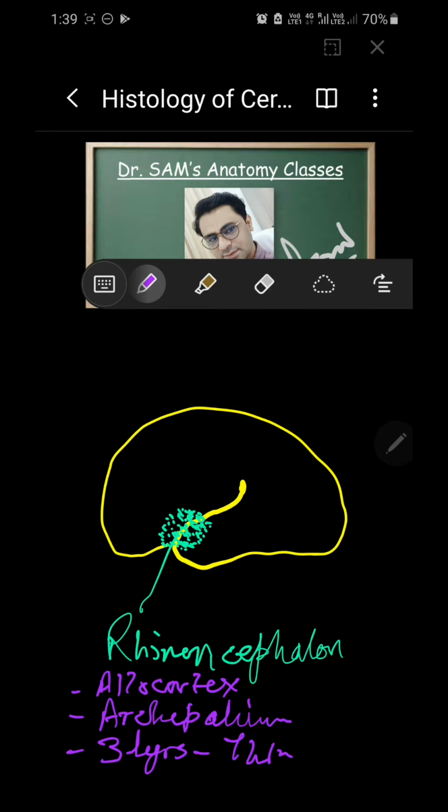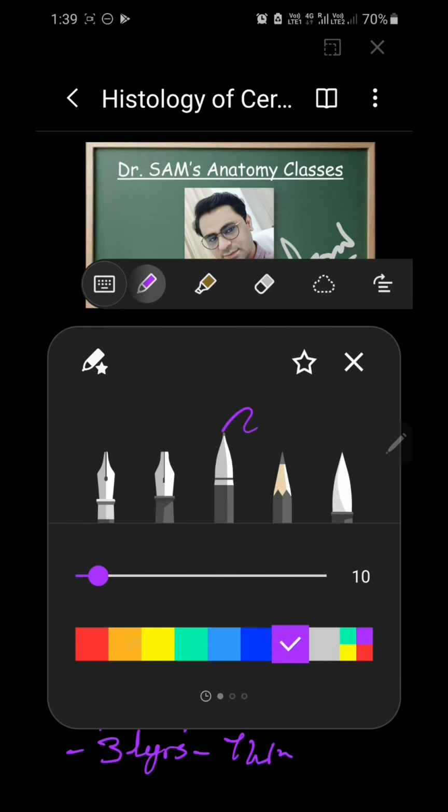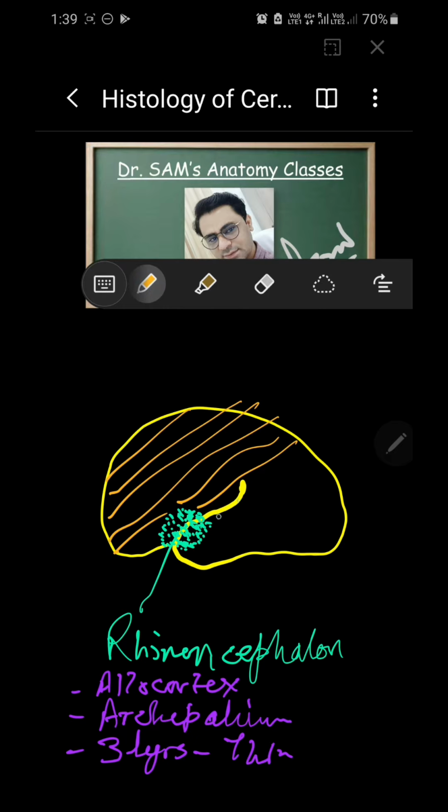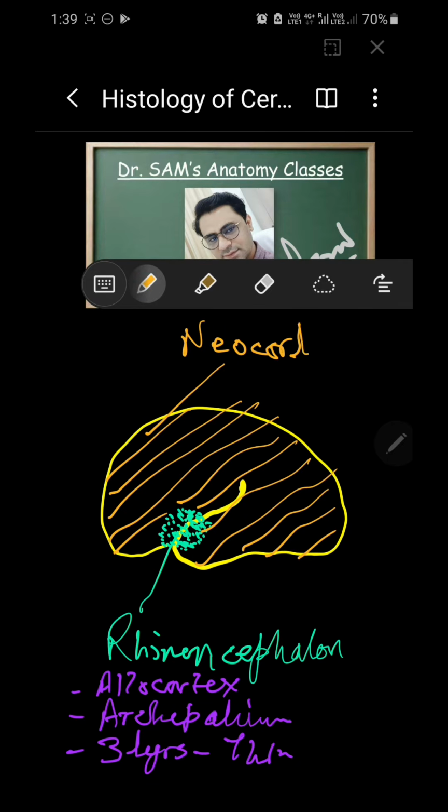Got it? Now the rest of the cerebral cortex you're seeing is all called neocortex. Neocortex is also called isocortex.